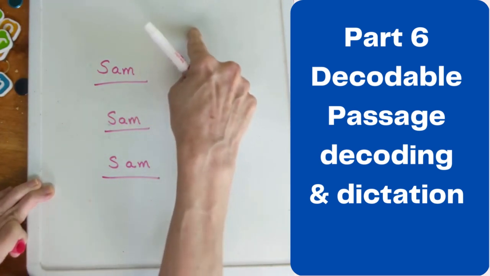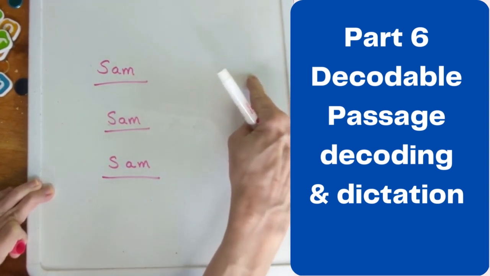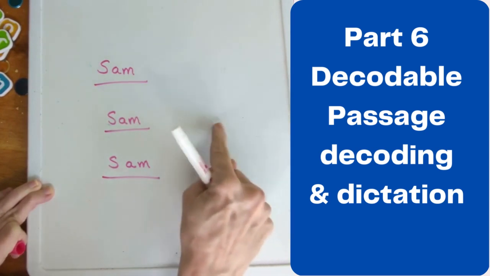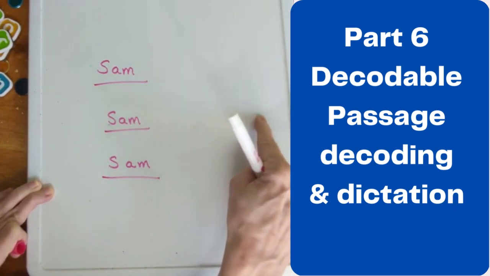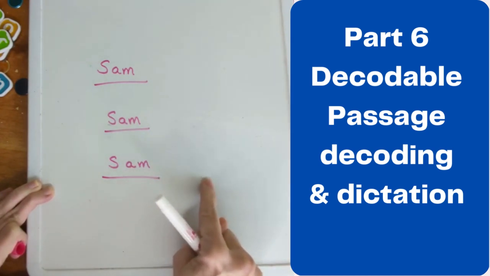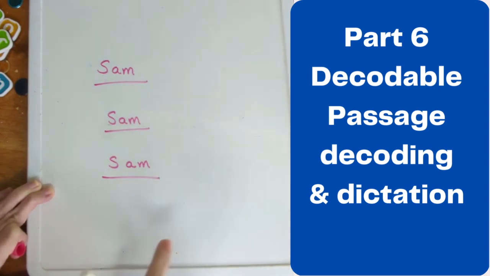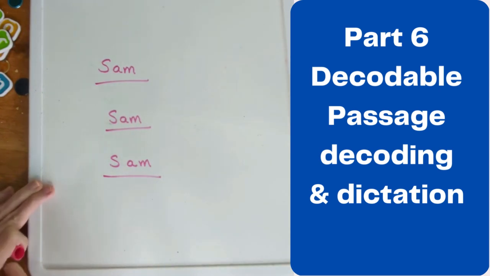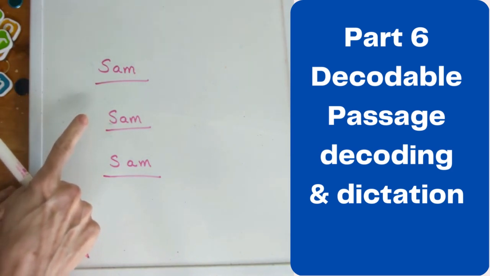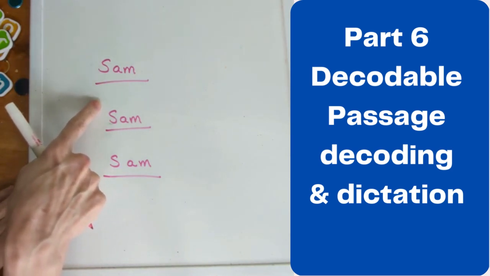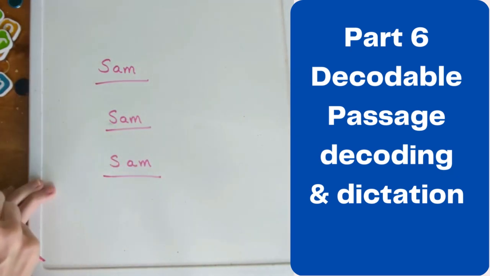The word is Sam. Sam. Sam. Sam. So we're trying to get that multi-sensory, pairing the letter sound with the letter symbol in the brain mapped together.